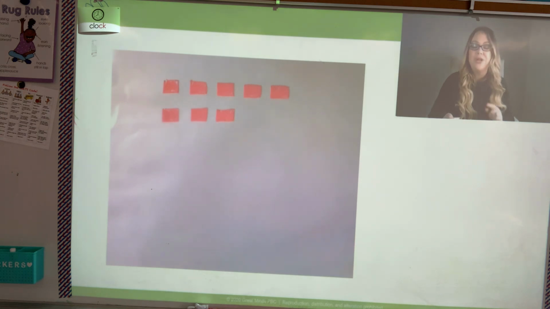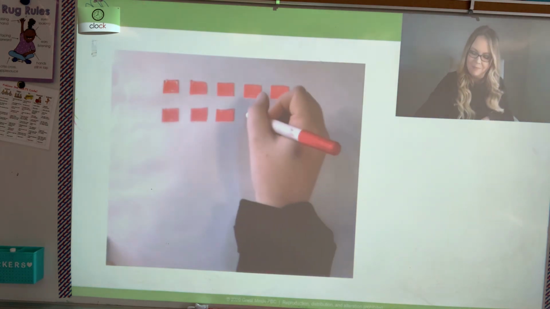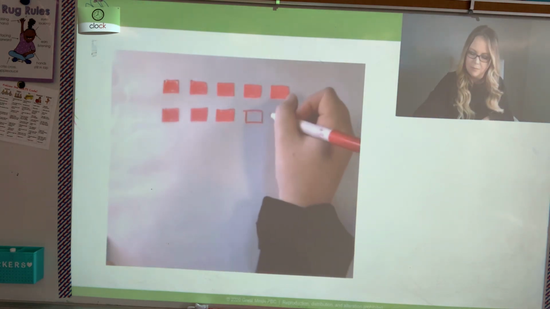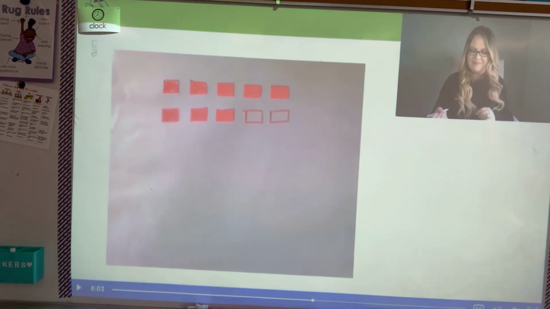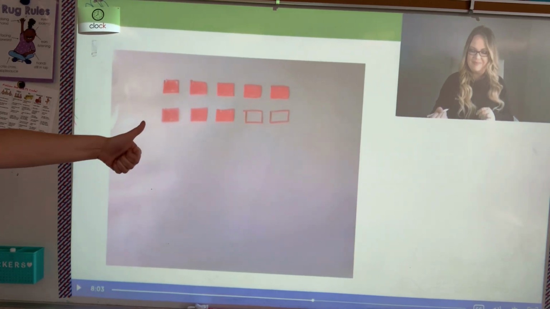Now we're going to draw 2 empty squares to show the number of presents that Shelley's friend gave her. I'm going to pause right there to give you an opportunity to catch up. When you're good, give me a thumbs up so that I can see my friends are caught up.